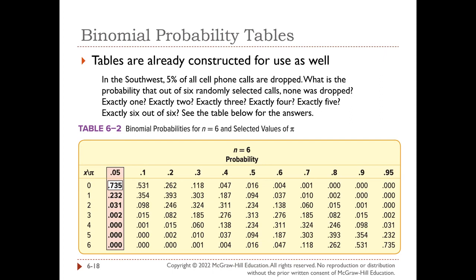See the table below. If n equals 6, all we have to do is find that percentage. 5% in decimal is 0.05. The chart shows us already all of our probabilities for a binomial probability test. At least we hope we have all these charts. If not, we have to calculate it out.